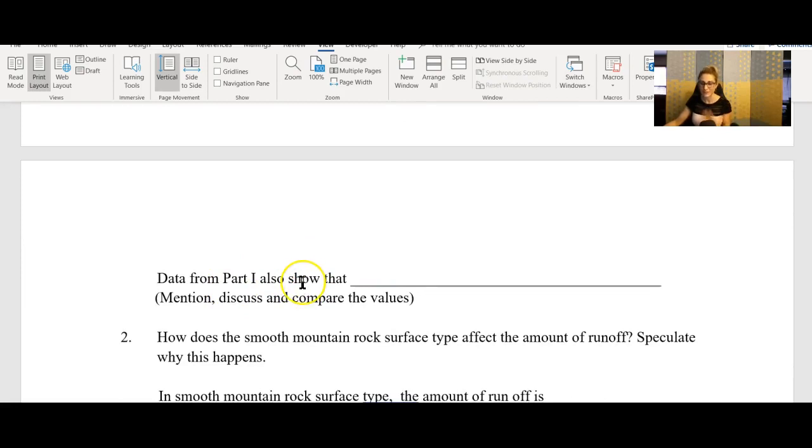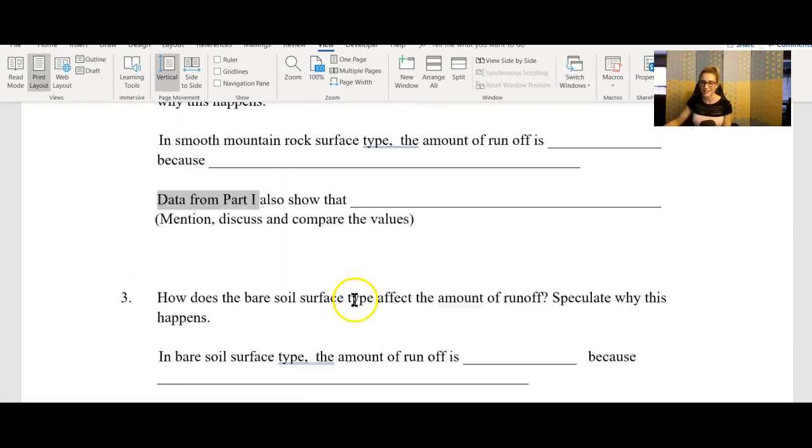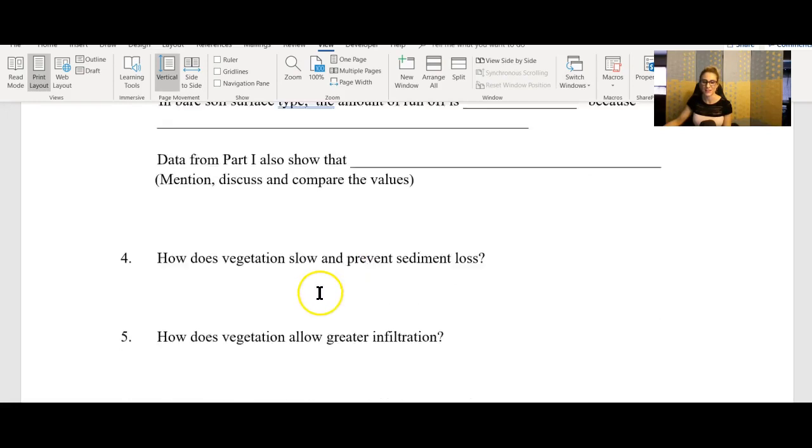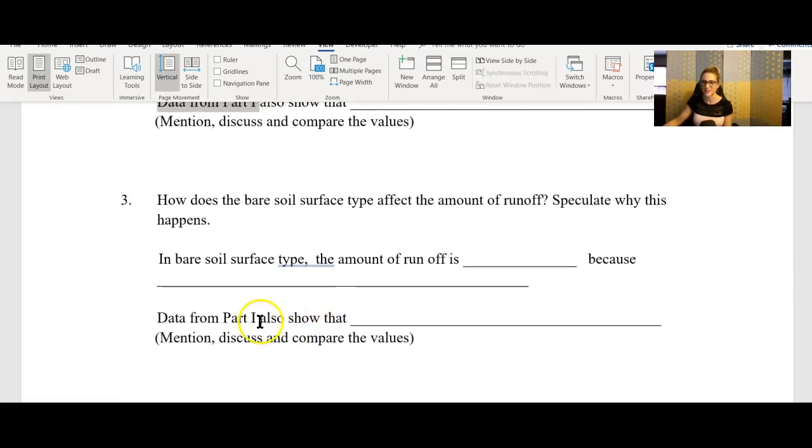You can literally complete the sentences to get those in there for all of these. Sometimes people forget to include parts of the data and talk about that, so be sure you're doing that. So follow all of these sentence starters, and that should be helpful for you. I didn't put these in blue since these are extra sentence starters. You can just use that exact sentence.